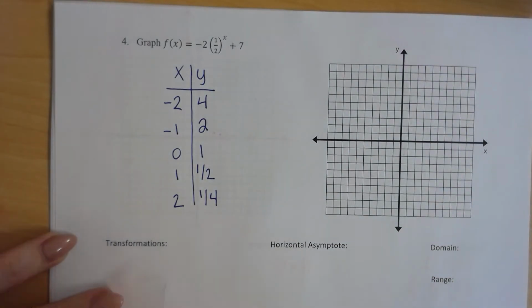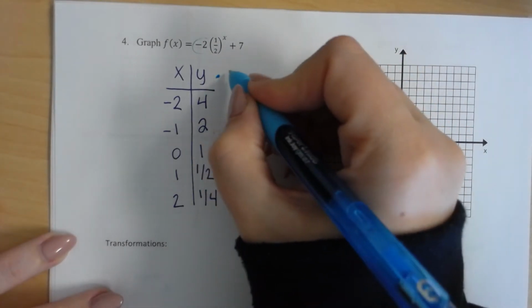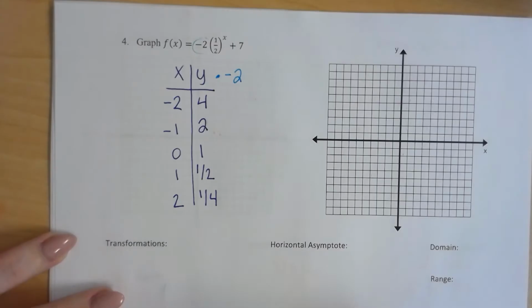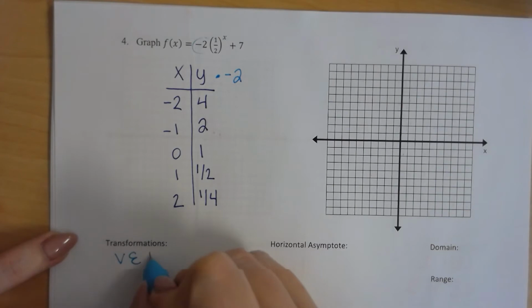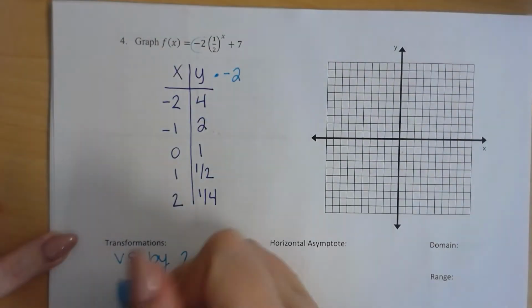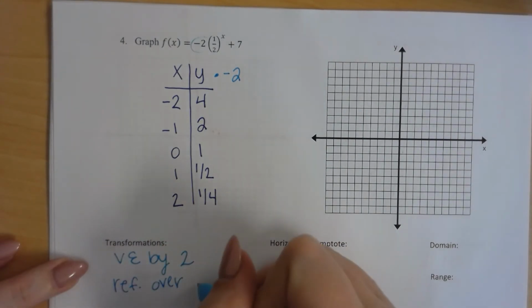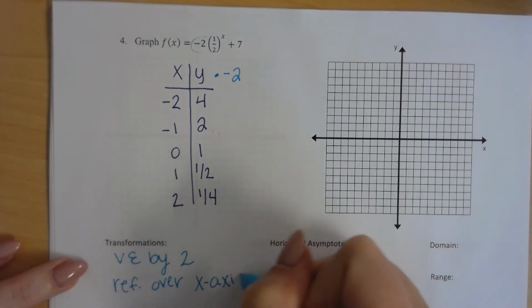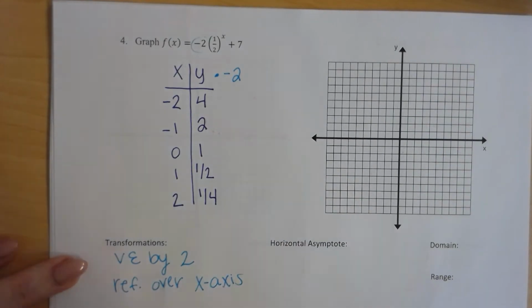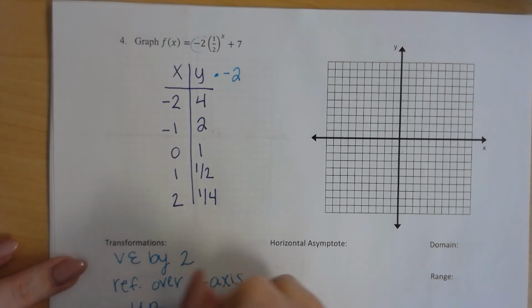It's decaying. Okay, now our transformations, we've got a multiply by -2 here. So we're going to have to multiply all of our y's by -2, which means there's a vertical expansion by 2. It also means that this negative means there's a reflection over the x-axis. Okay, we also have this +7 on the outside, which tells us it's moving up 7.